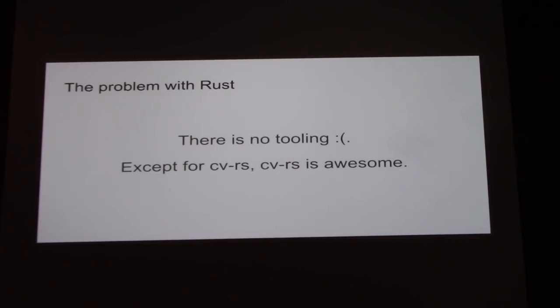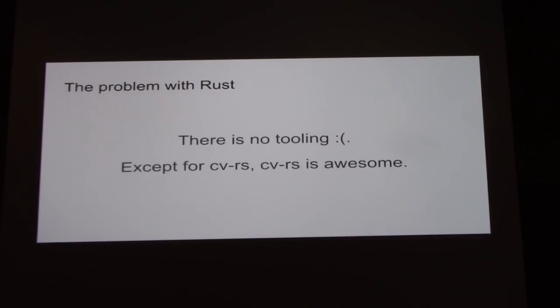The problem is that there is currently no tooling to do this. In C++, for example, you have a wonderful library called DLIB to do image processing and, in general, machine learning stuff. And in Rust, there is only CVRS, which are bindings for the OpenCV library.